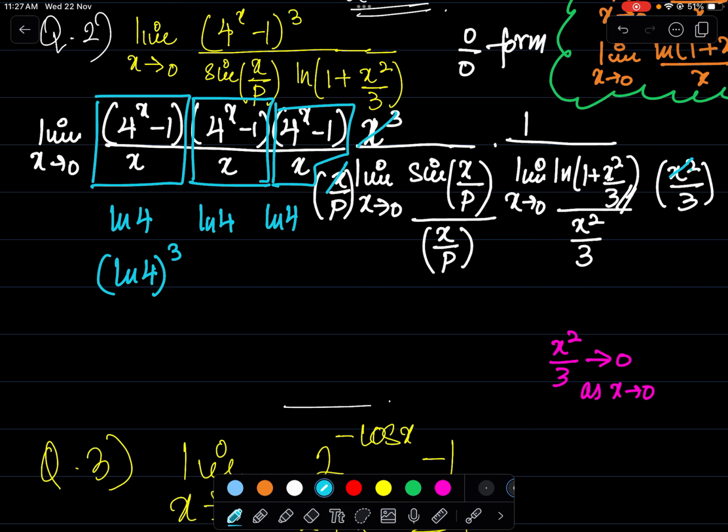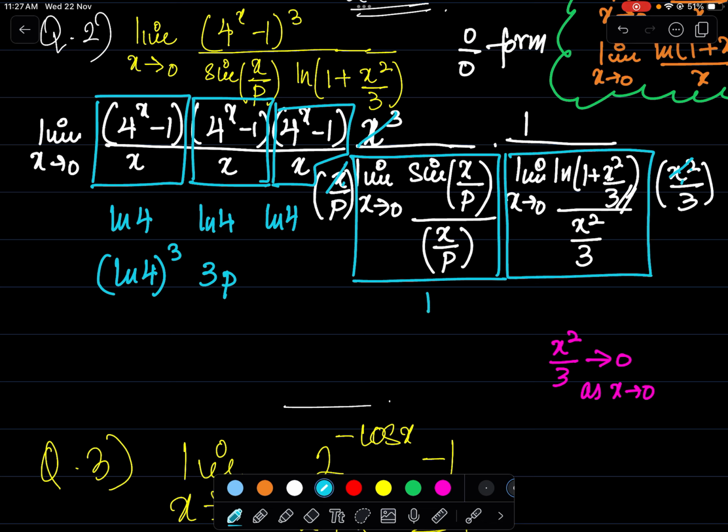So this will be cancelled completely, and you will have 3 in the denominator, that is 1 by 3, that will go up. Similarly it is 1 by p, so it will go up. So you will get 3p. Also you can see when you apply the limit, this will be giving you 1 and this will also give you 1. So this is your final answer.